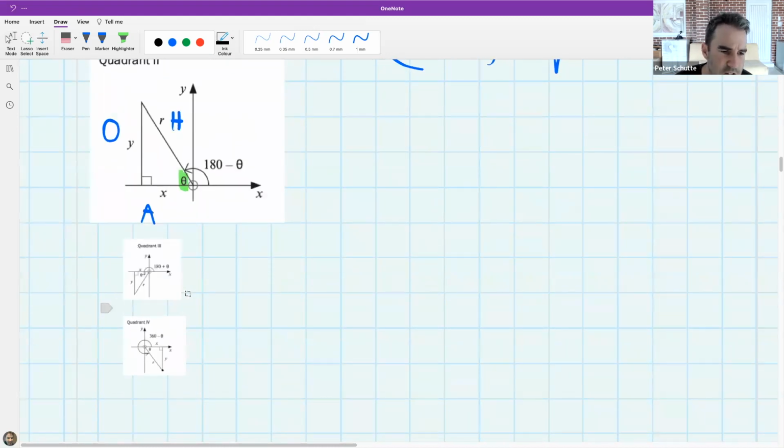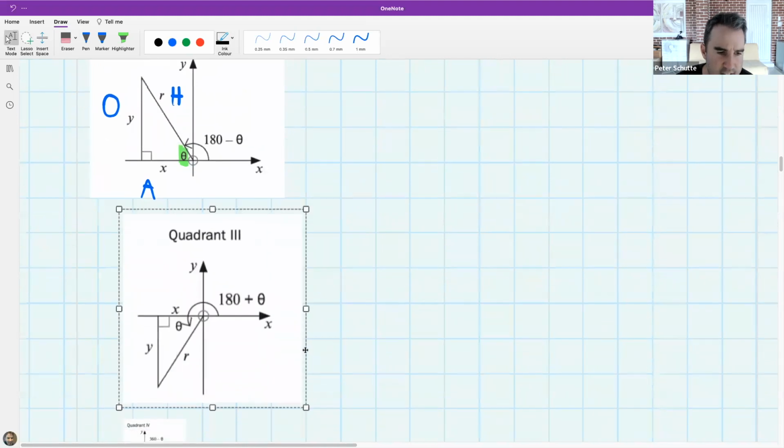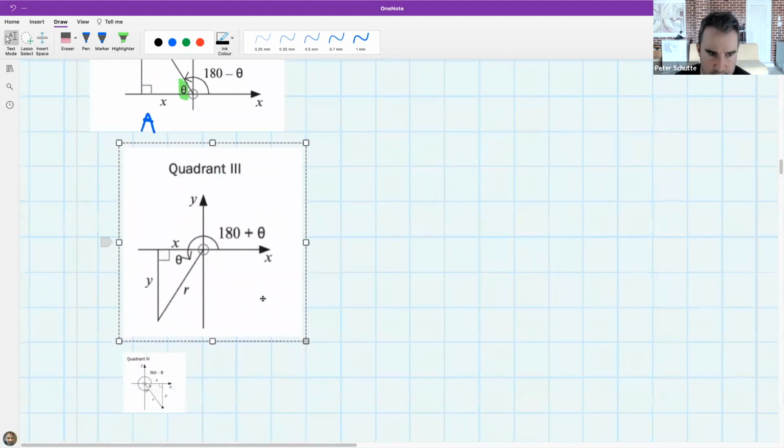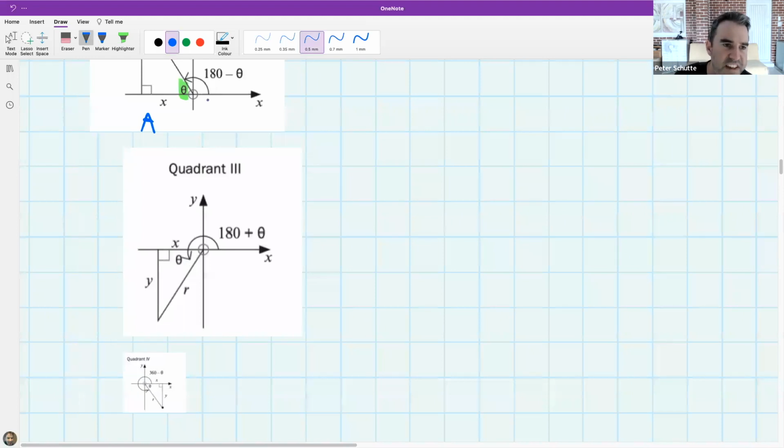But let me just give you a look. If you look at quadrant number 3, the angle in quadrant 3 is going to be 180 plus theta, where theta is just this little bit over here.